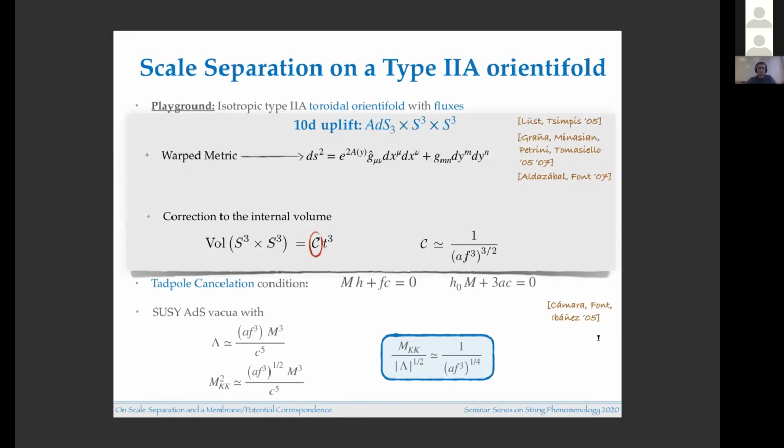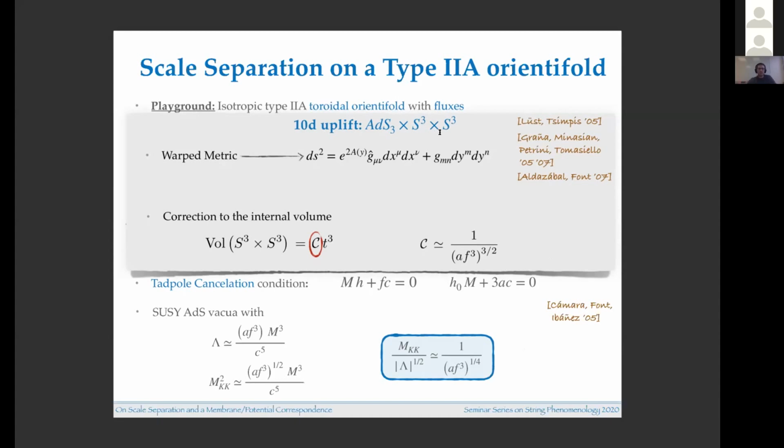Now, what happens is that in fact we are neglecting something here. From the naive EFT point of view, we are neglecting the back reaction of these fluxes that we've turned on in the 10-dimensional geometry. In particular, these kinds of solutions are known. They were studied by all these people, and in this paper it was found that with this particular set of fluxes, there's a 10D uplift of this configuration, which corresponds to AdS4 cross S3 cross S3.